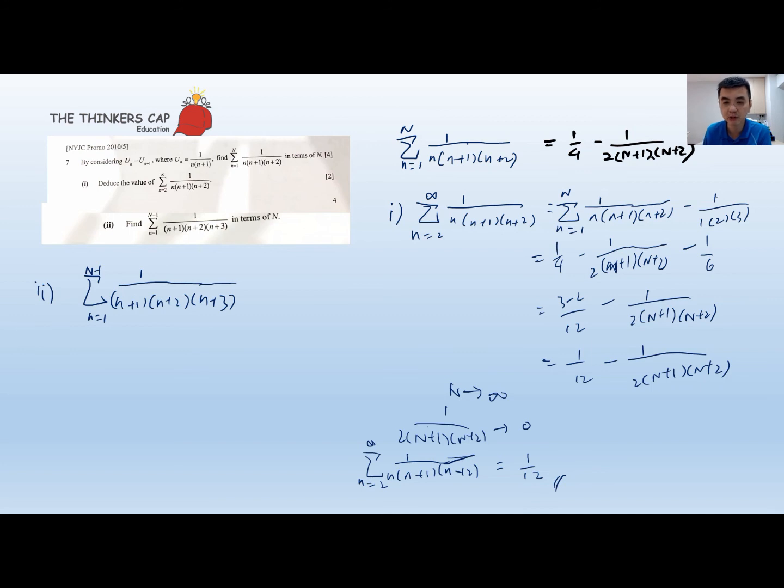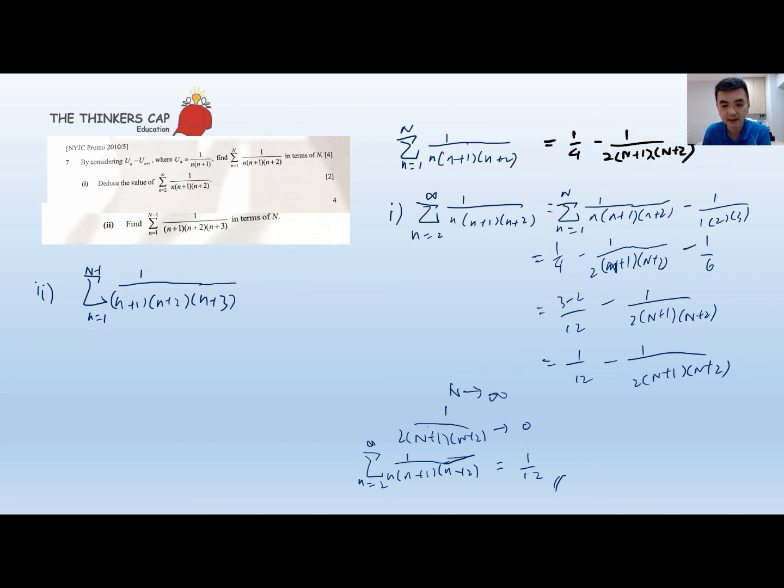So in other words, we're going to make use of the previous result by moving the term back by 1. The outcome of moving the term, the n, backwards by 1 will result in the first term and the last term moving forward by 1.